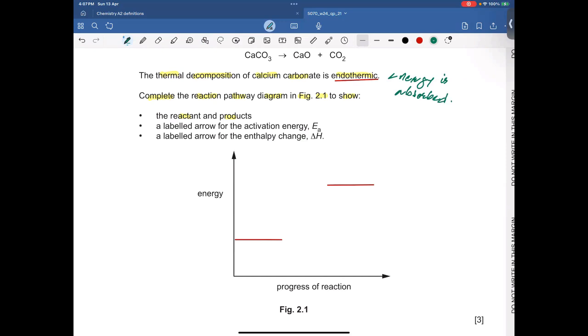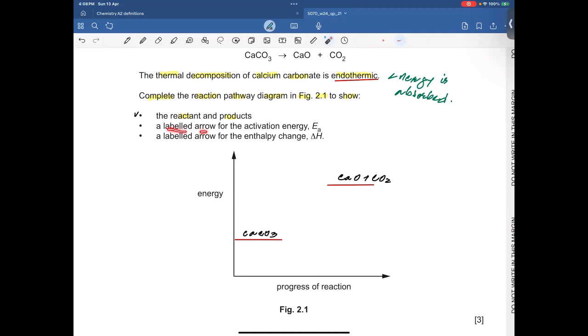Okay, so this is the reactant, calcium carbonate, and this is the product, calcium oxide and carbon dioxide. So first check mark done.